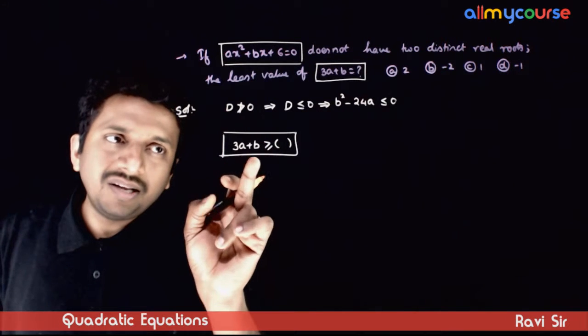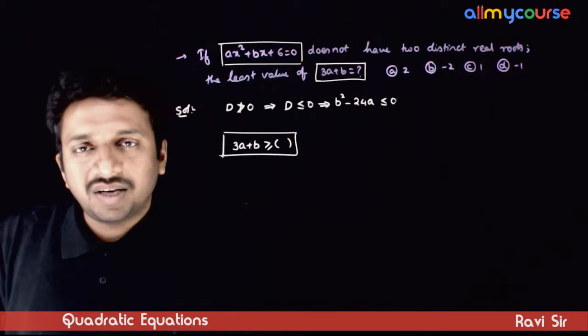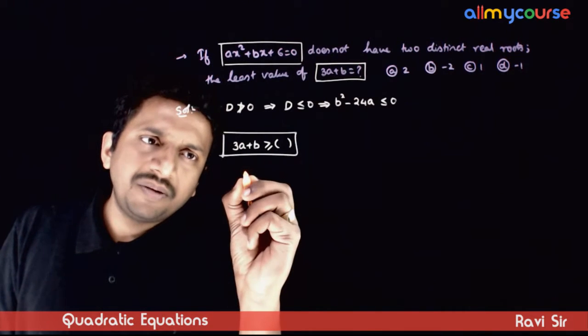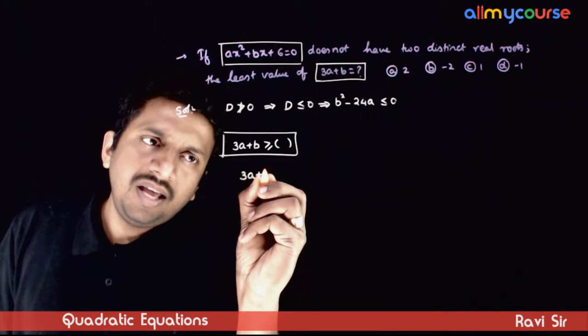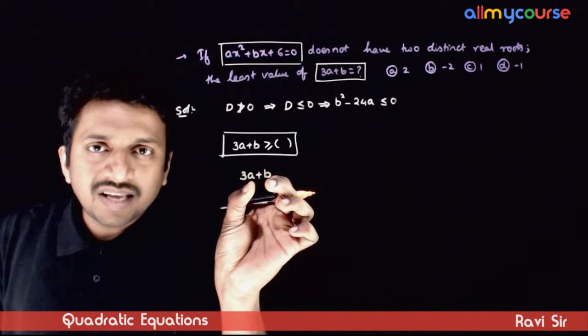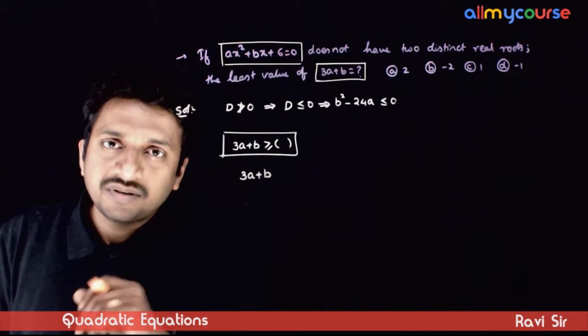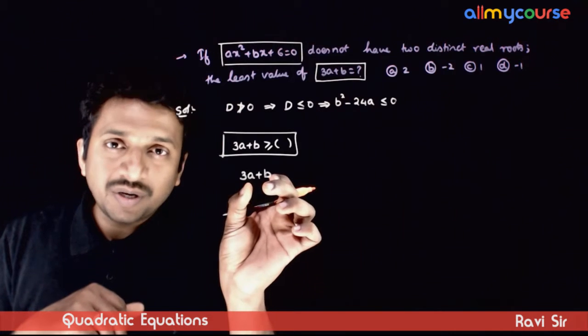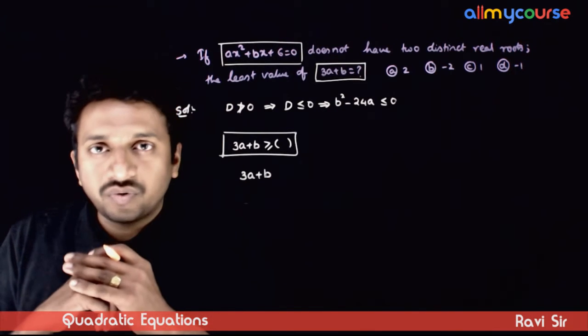So we try to bring some inequality which looks like this. Now, what is 3a plus b? This is an expression containing two variables, two unknowns. Now let us try to convert this expression into a single unknown expression.